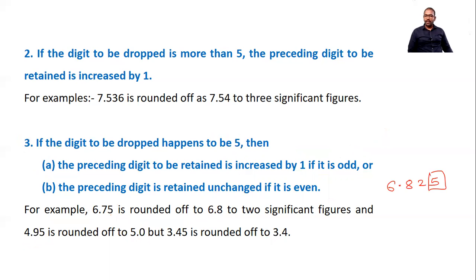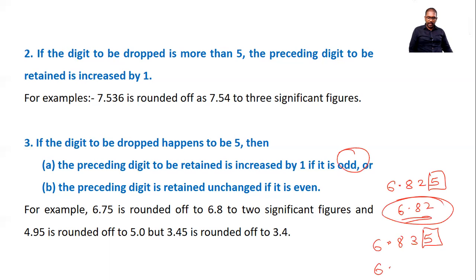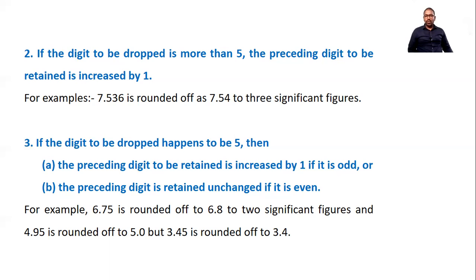The preceding digit is 2 and 2 is even, so no change in that. So 6.82 is the answer. I hope everyone understood this. In a similar manner, if it is 6.835, we have to drop this 5. The preceding digit is 3, which is odd, so we have to increase it by 1. So 6.84 is the answer. In a similar manner, you can apply the rules to other examples also.